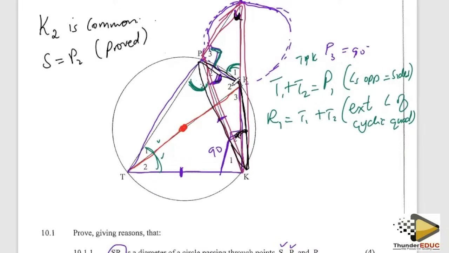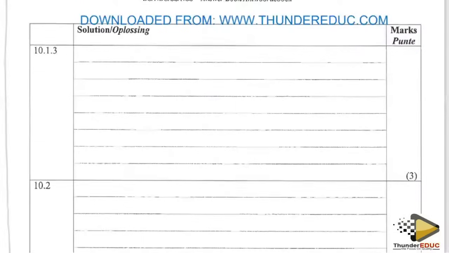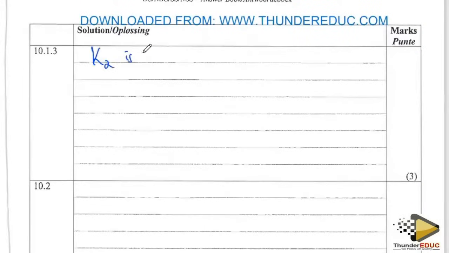Which means this is gone. So it means R2 plus R3 must be the same as P2 plus P3. The reason is going to be the remaining angle. All right, so same, K2 is common.